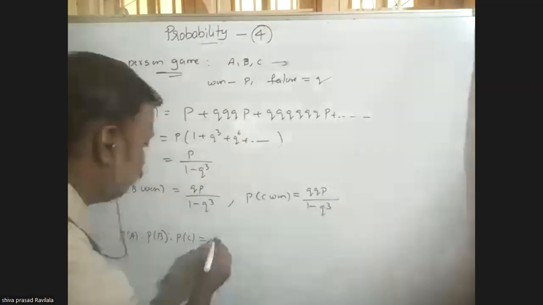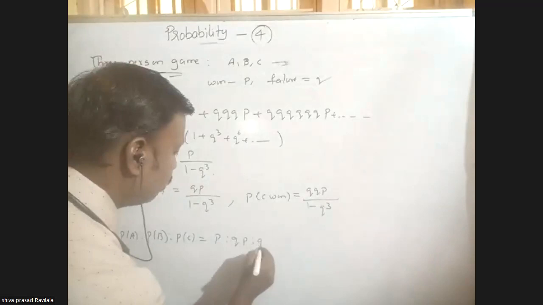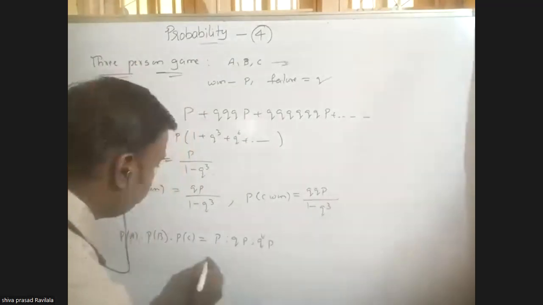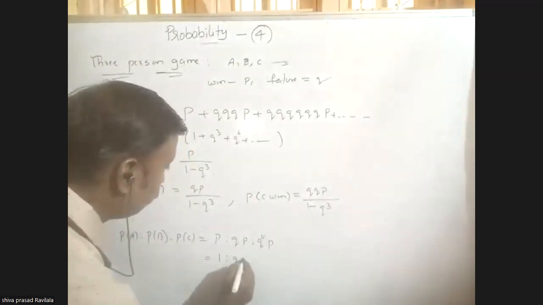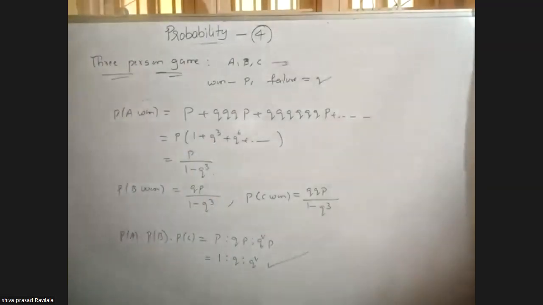Numerators: P is to qP is to q²P. P, P cancel. 1 is to q is to q². Okay. The ratio of their wins is 1 is to q is to q².